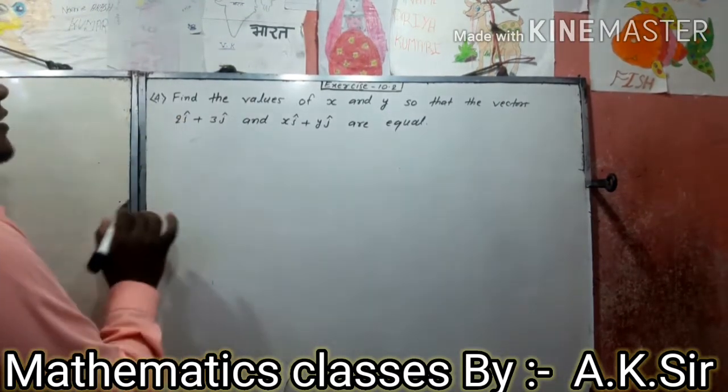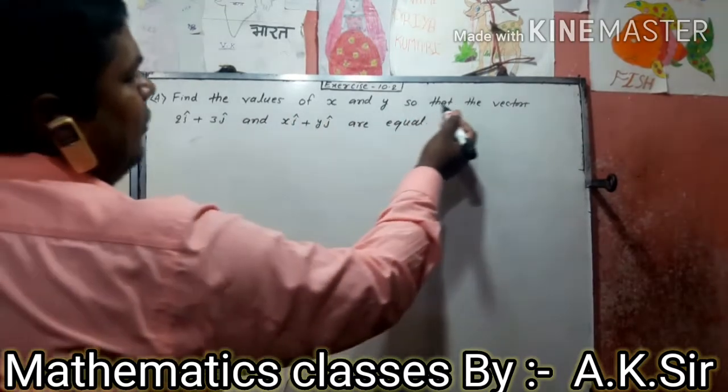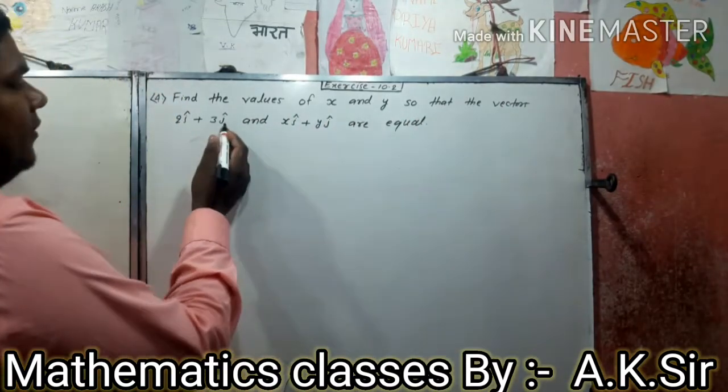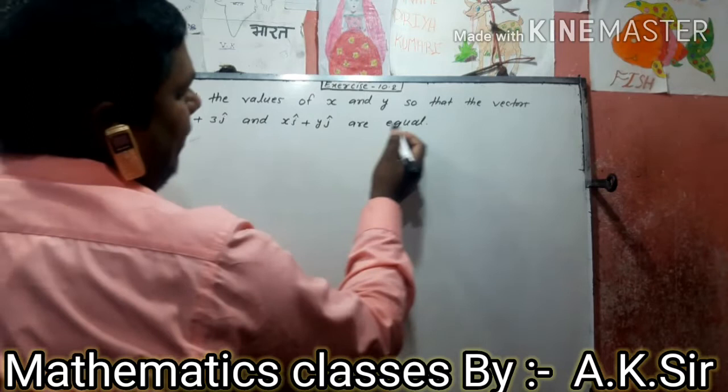Question 4. Find the value of x and y so that the vectors 2i cap plus 3j cap and x i cap plus y j cap are equal.